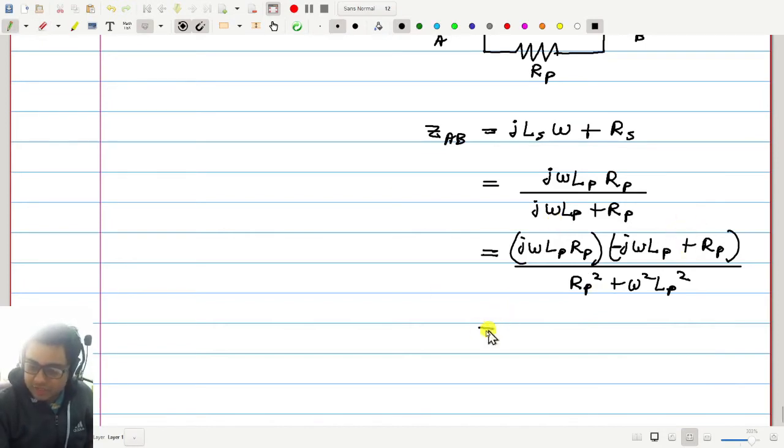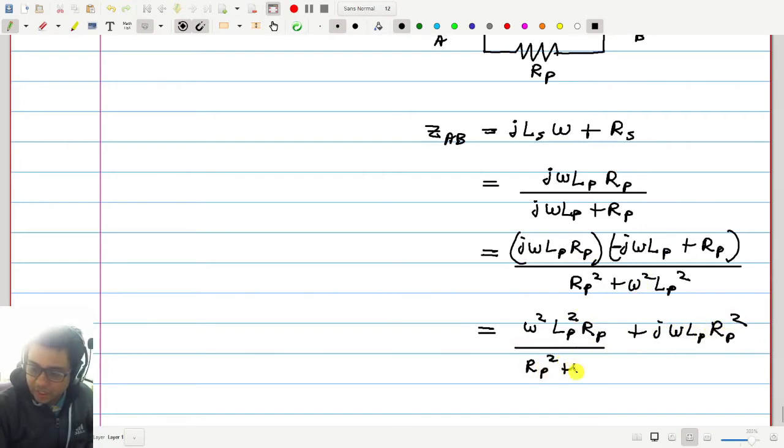So from this I can write this will become omega square LP square RP plus j omega LP RP square, divided by RP square plus omega square LP square.